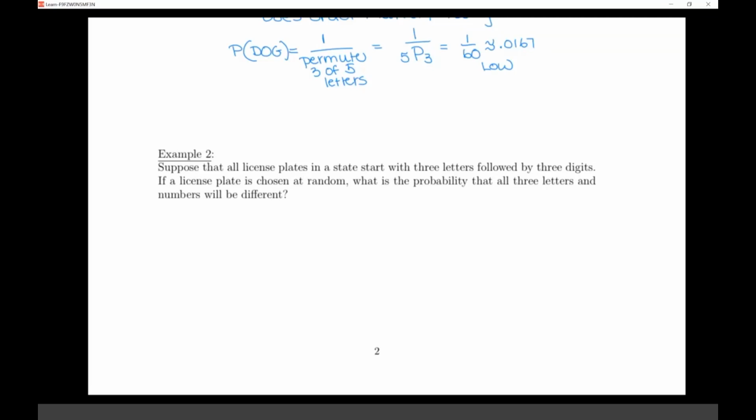Okay, so let's start asking some questions. When we actually make a license plate, are we creating the license plate with or without replacement?